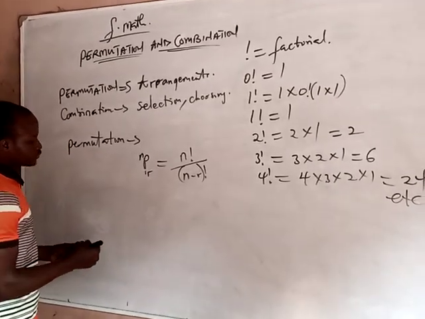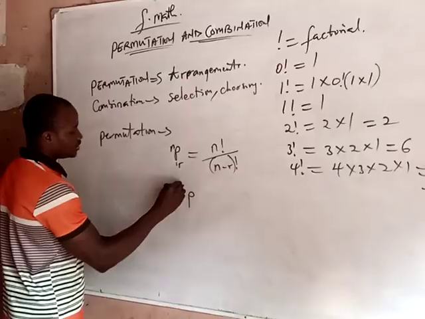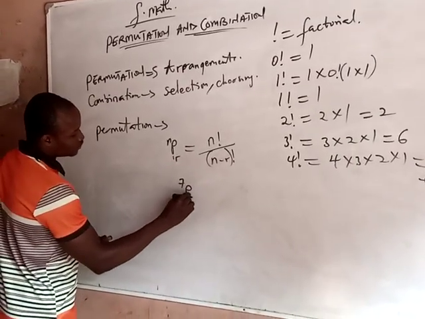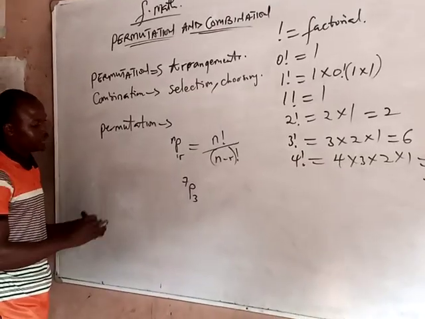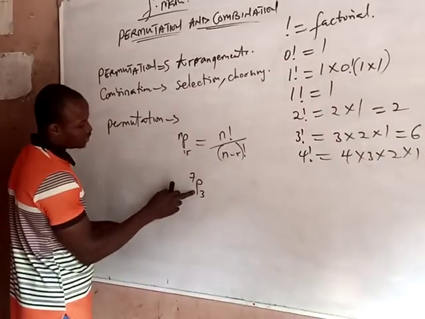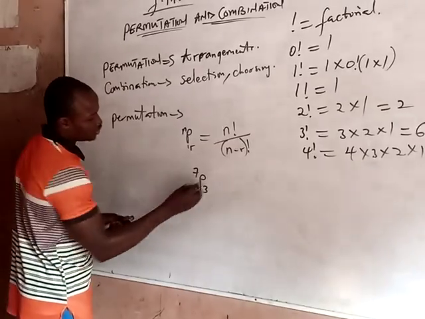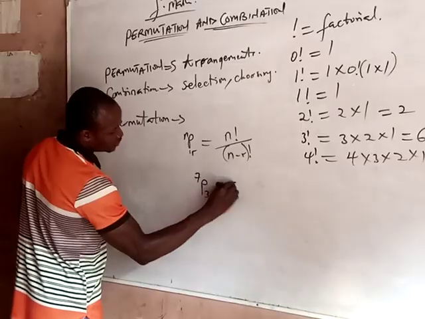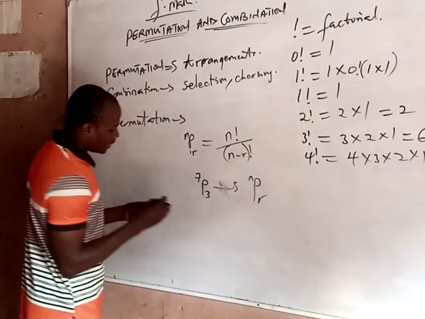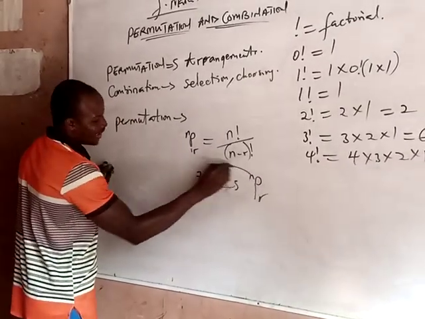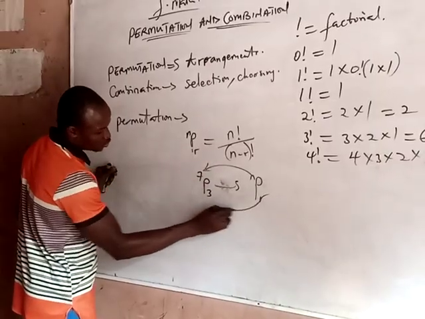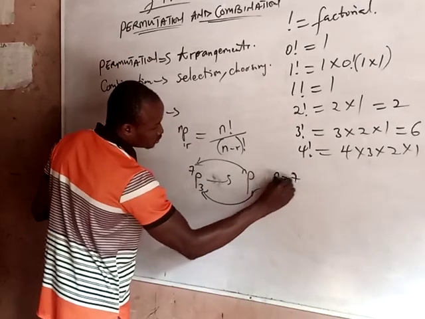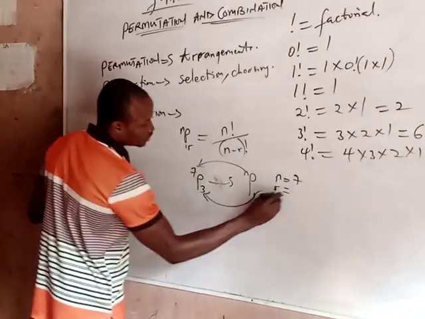For example, when we have something like 7 and 3, 7 permutation 3, you can relate it with this: nPr, where n is 7 and r is 3.